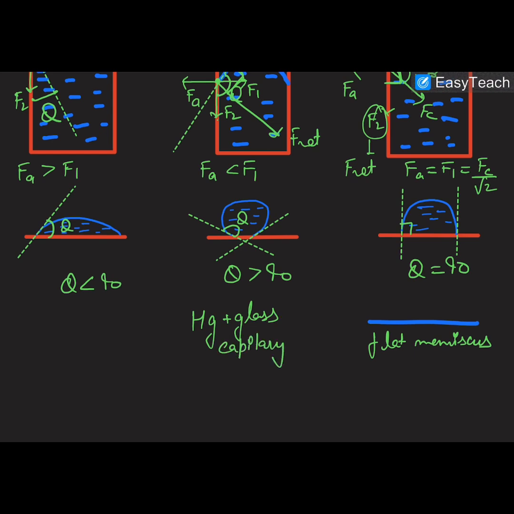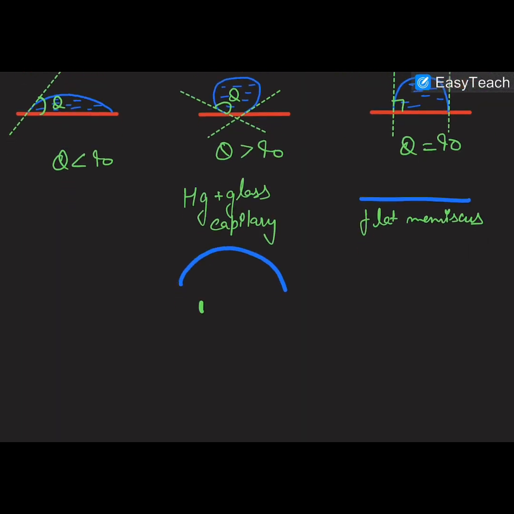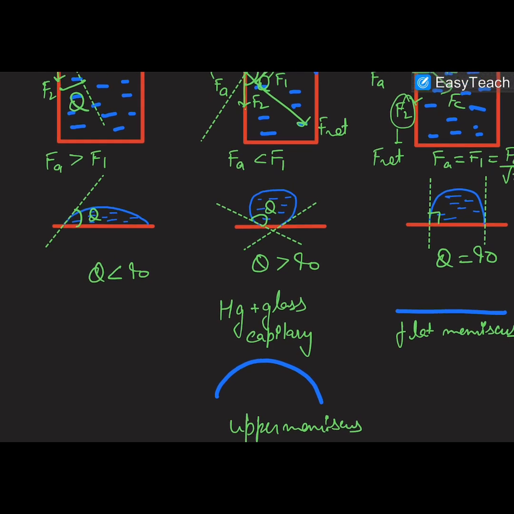And this meniscus is also called the upper meniscus. And in this case, obviously the angle of contact is greater than 90 degree.